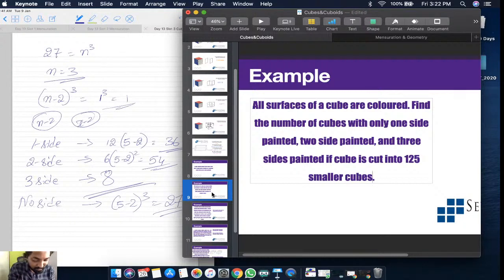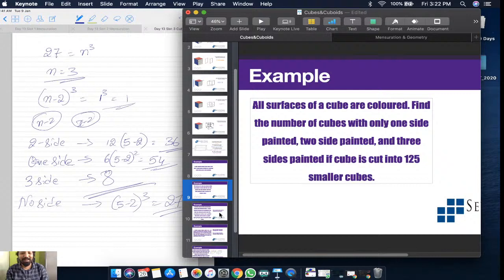Three side painted 8. Two side painted 30. I think I am only confused. This is two side painted. This is one side painted. This is one side painted. Sorry.